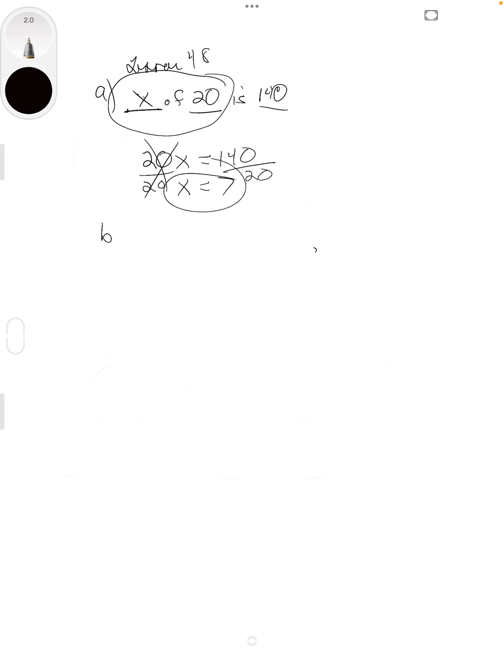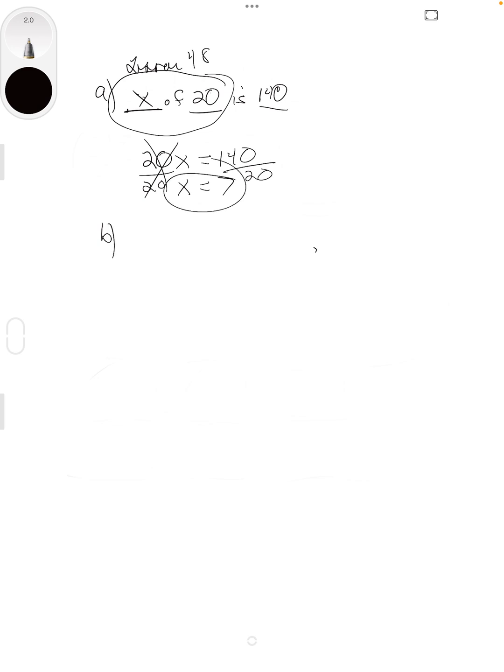So 20 of x is 20 times x, or 20x. So even though the x is first here, I write it second here, equals 140. Well, this becomes a little bit simpler. X is 7, because 2 times 7 is 14. So I can do that one kind of in my head. Or I could divide both sides by 20, and then I still end up with x equals 7.